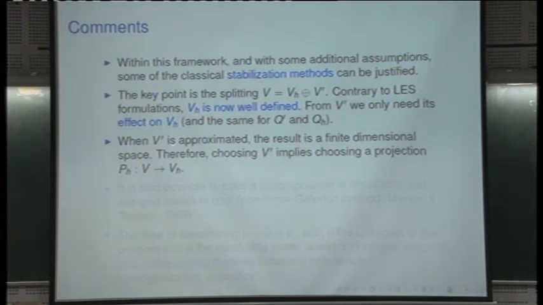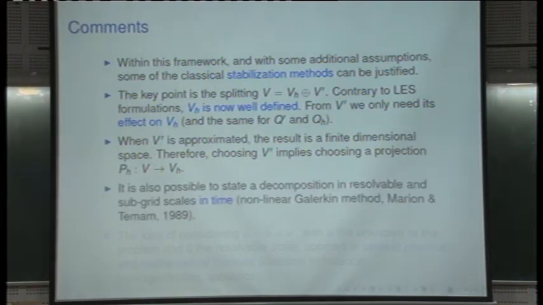That is the one that we favor. The result is a finite dimensional space, of course. I mean, at the end, V prime is approximated by a finite dimensional space. Therefore, in fact, choosing V prime implicitly defines a projection from the continuous space to the finite element space. We will see that.